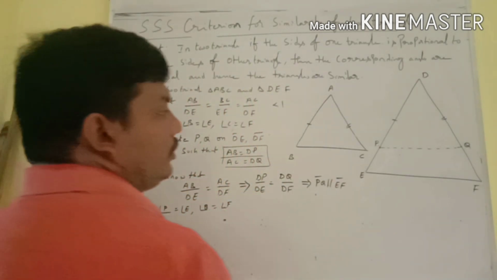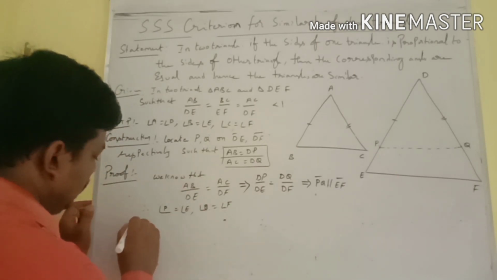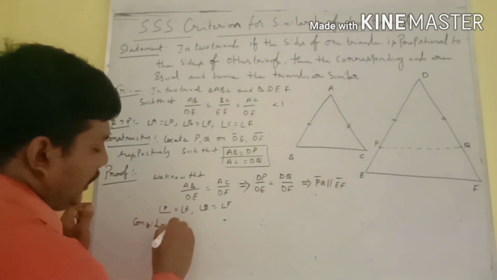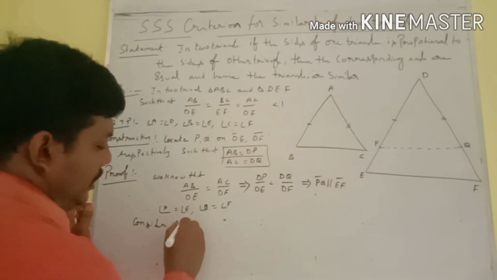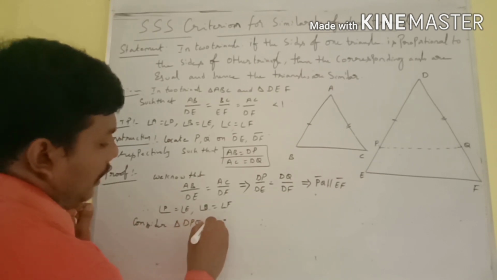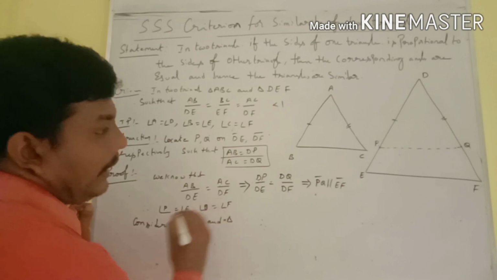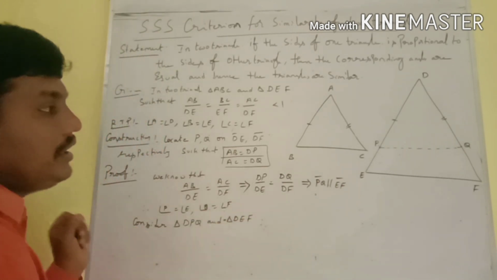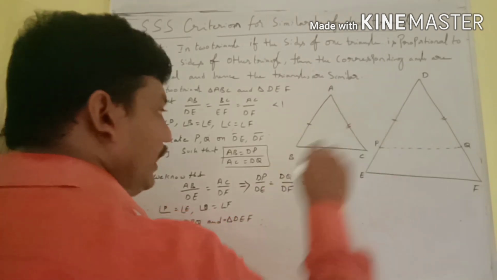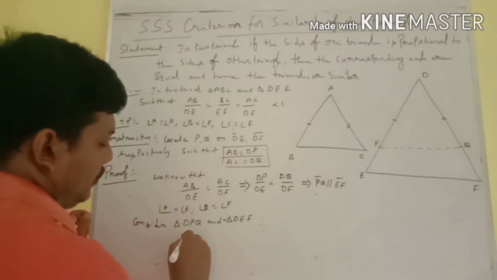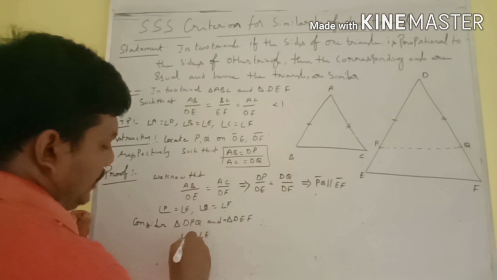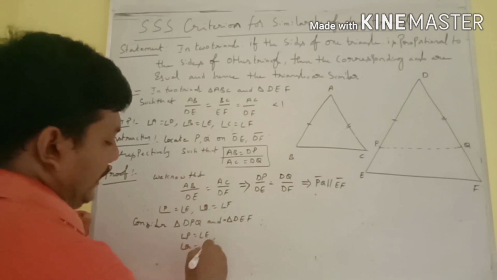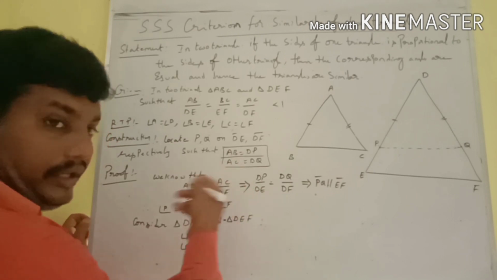Now consider triangle DPQ and triangle DEF. In triangle DPQ and triangle DEF, angle P is equal to angle E from the previous condition, and angle Q is equal to angle F from the above conditions.